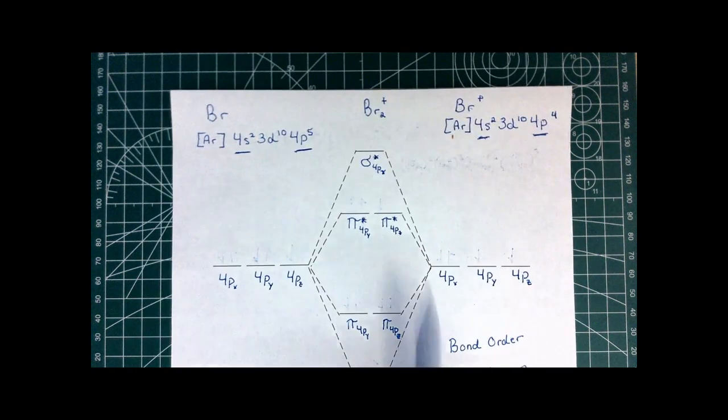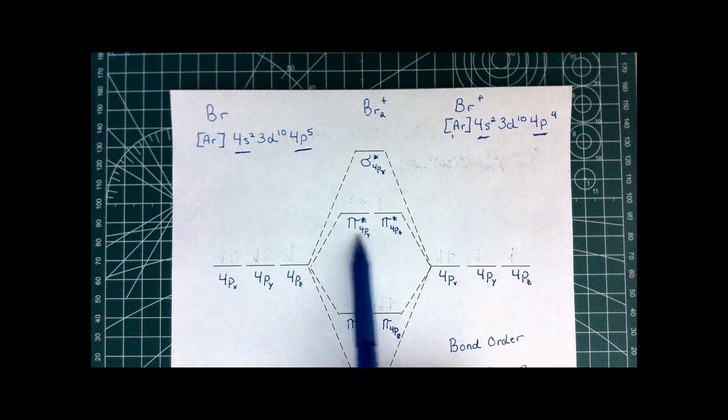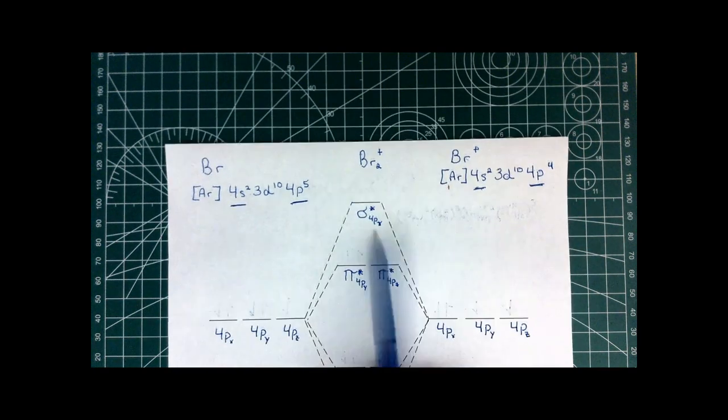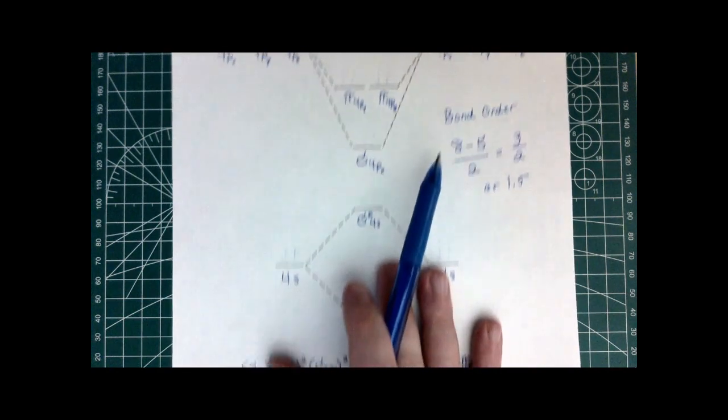Then we get to our anti-bonding pi 4py and anti-bonding pi 4pz. And then finally at the very top we have our sigma anti-bonding 4px molecular orbital.